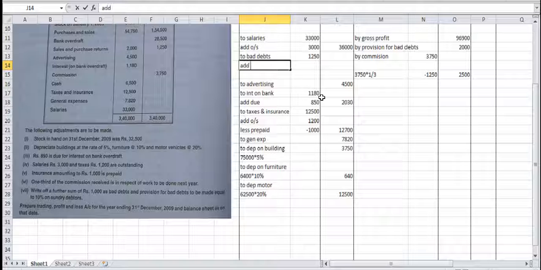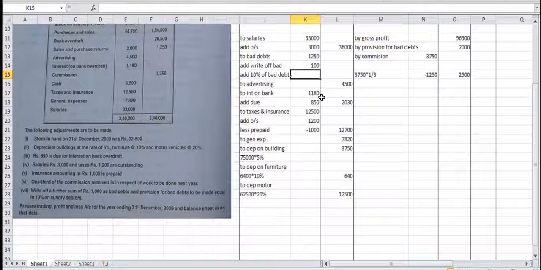Write off bad debts is a total of 1,000. Now further add 10% of bad debts.